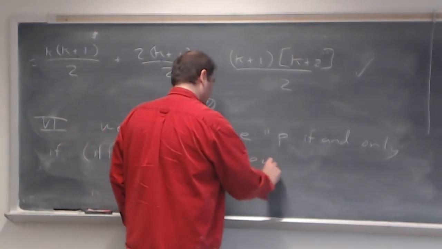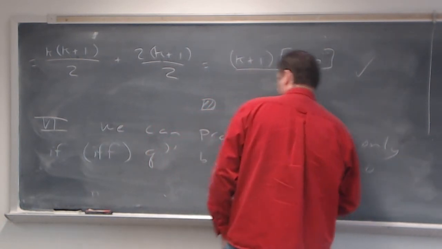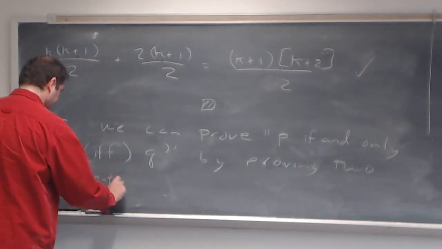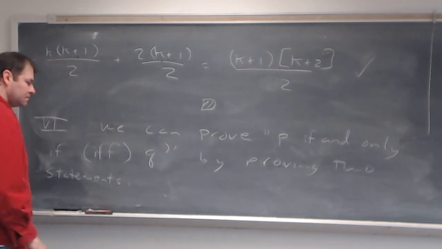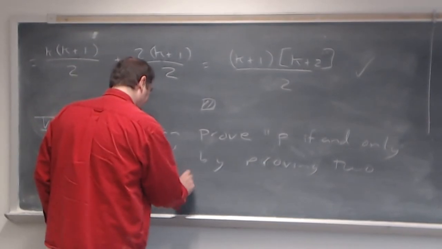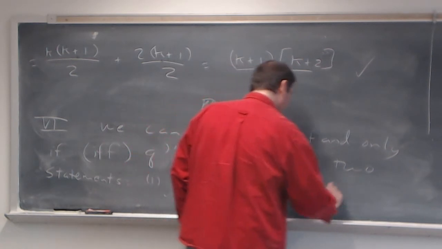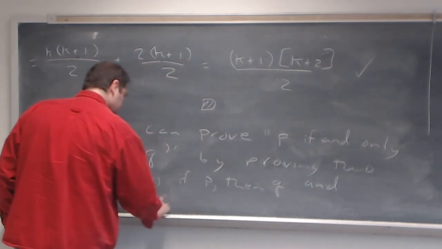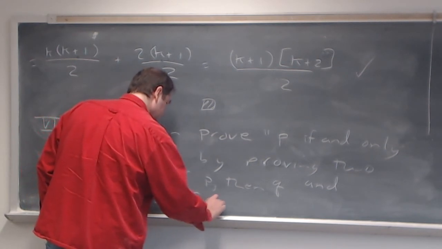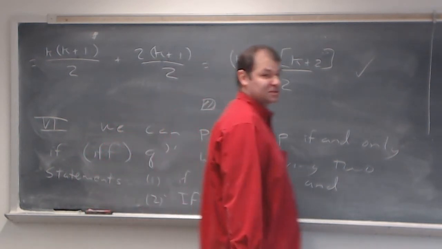By proving two statements. One is if P, then Q, and the second statement, so 2, if Q, then P. So we've got to prove both of those statements.